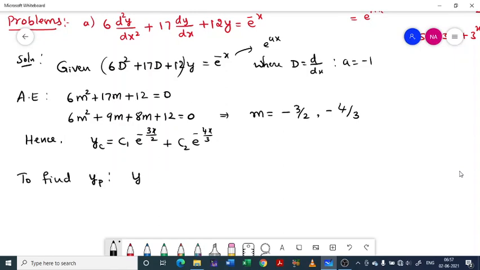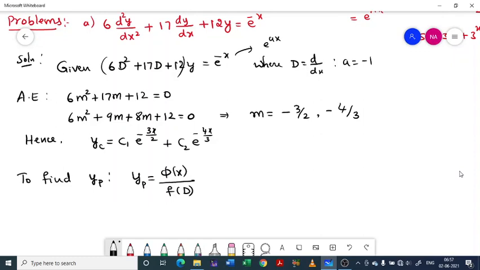You have to write this general formula always: yp equal to phi of x divided by f of D. Whether it is of type 1, 2, 3 or 4, don't worry about it. First line you have to write this when we are going to find the particular integral.